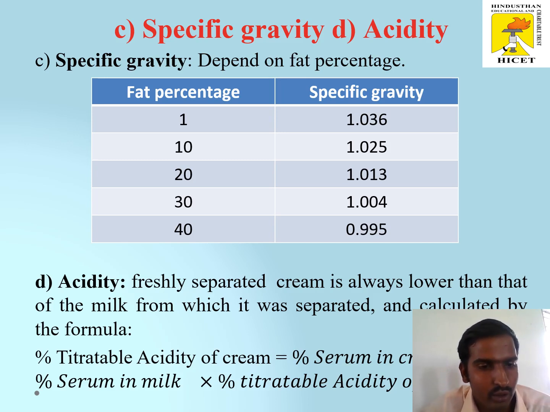The formula used to calculate the acidity is: the percentage titratable acidity of the cream is equal to the percentage of serum in the cream, multiplied by the percentage of serum in the milk, and multiplied by the percentage titratable acidity of the milk.